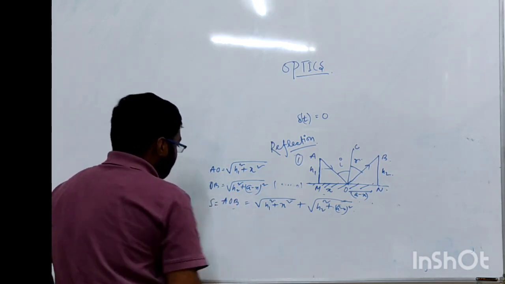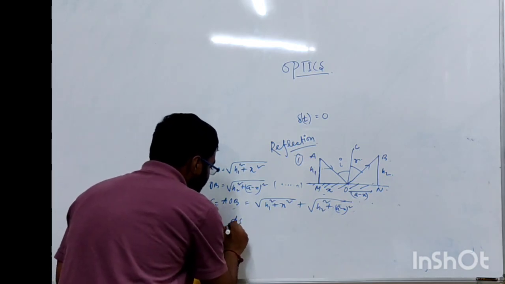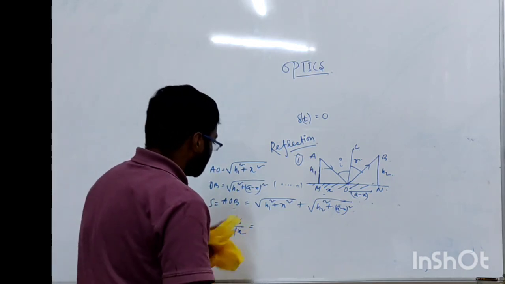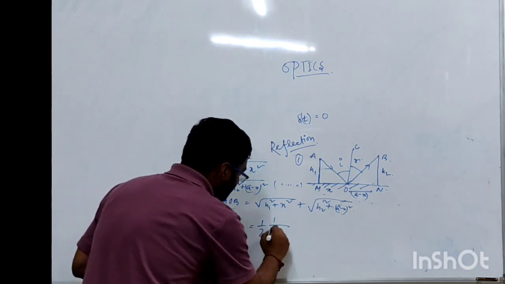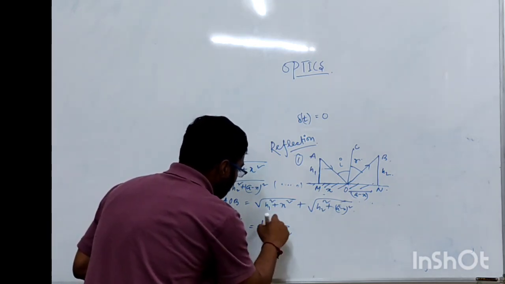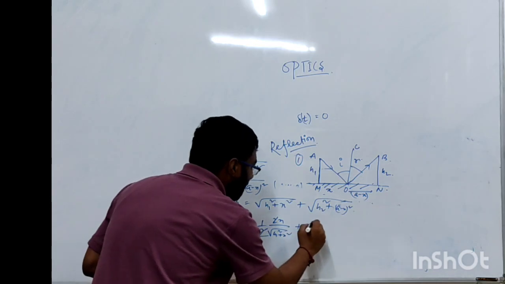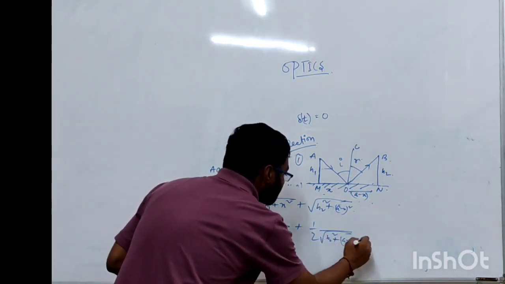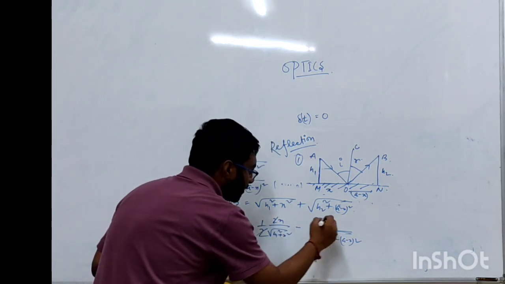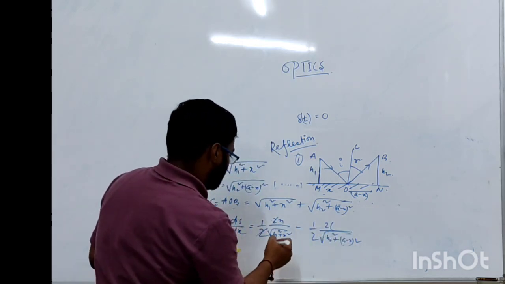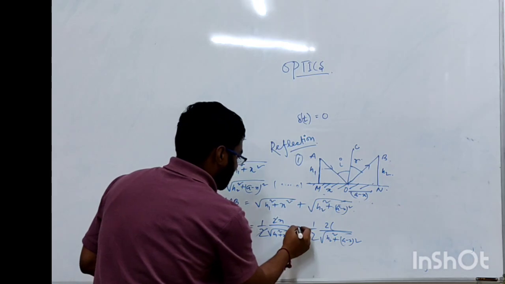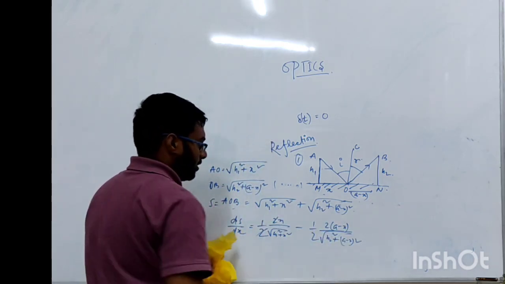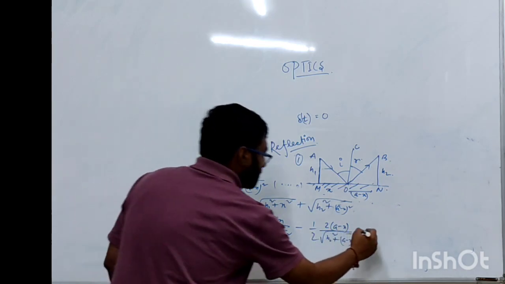If we call it S, then dS by dX equals half of H1 square plus X square to the power minus half into 2X, plus half of H2 square plus (A minus X) square to the power minus half into minus of 2(A minus X), which will be equal to 0.